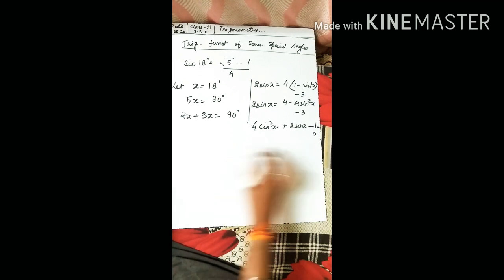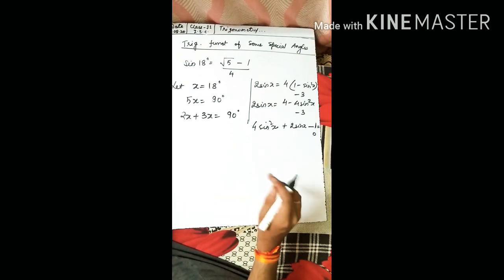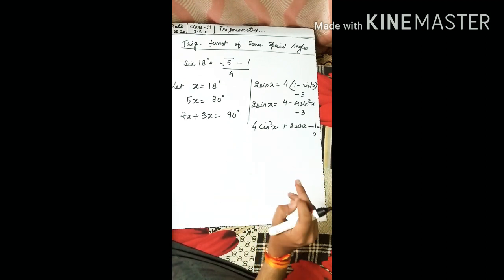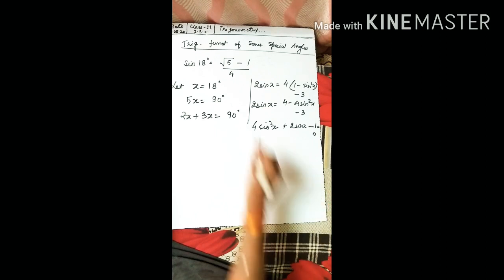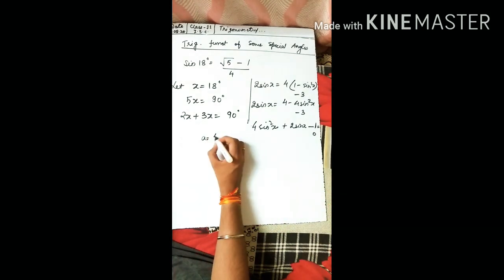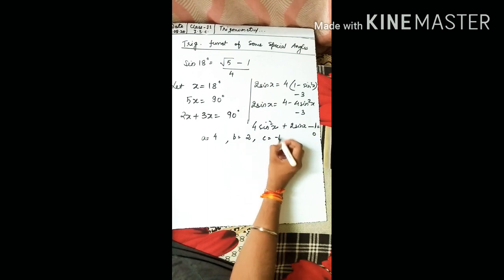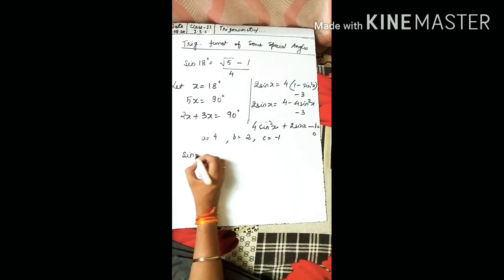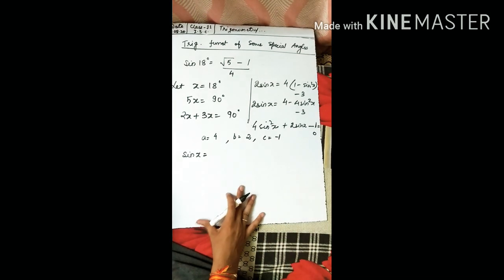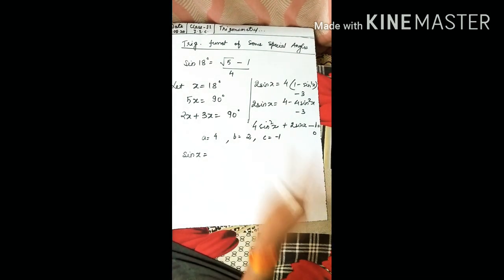Now using the formula method, x is equal to minus b plus minus under root b square minus 4ac upon 2a. Here a is 4, b is 2, and c is minus 1. In place of x I will write sin x, because we are using the formula method for sin x.